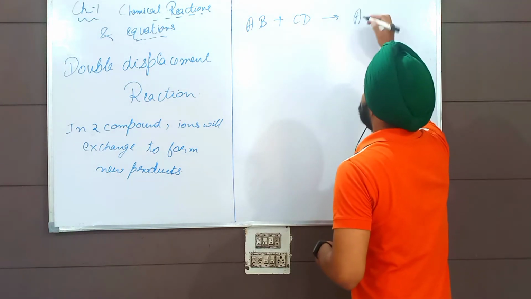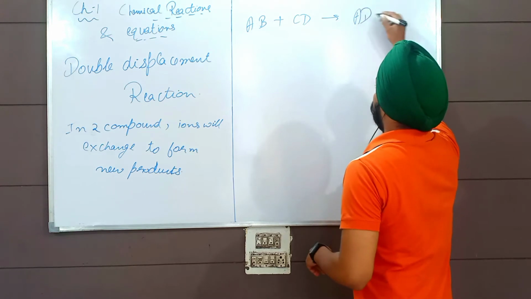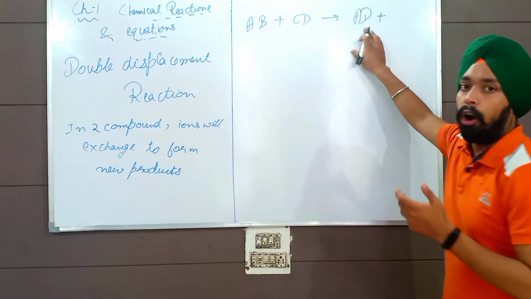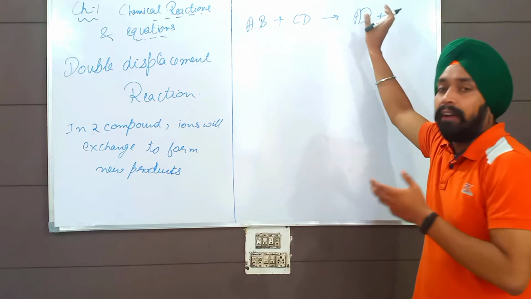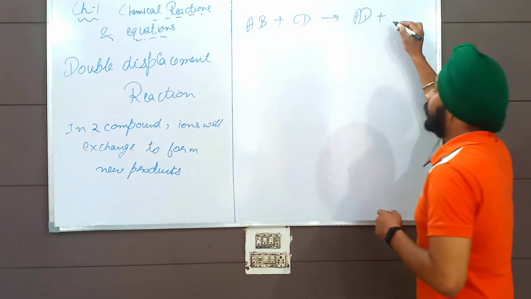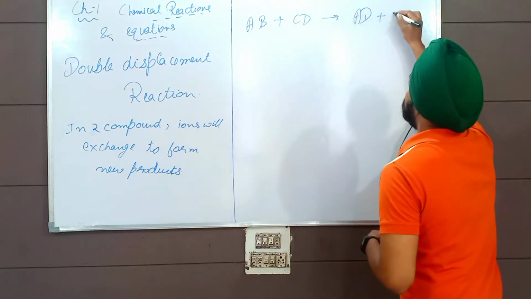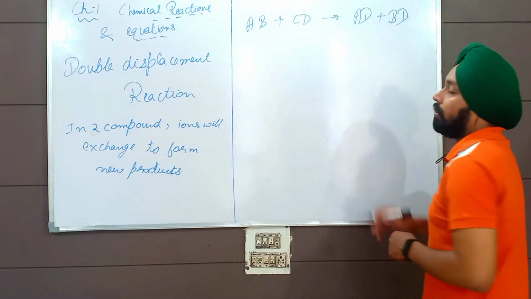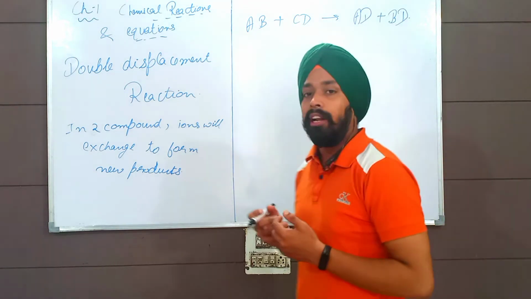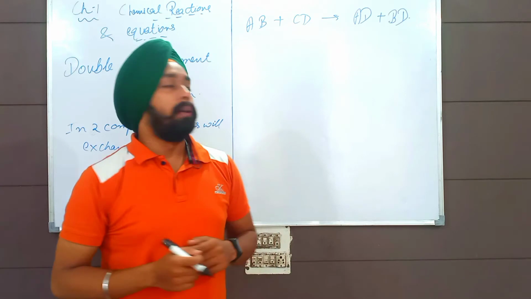That is, A will now form a bond, and we have a compound AD and this as CB. So this is our general equation for double displacement reaction.